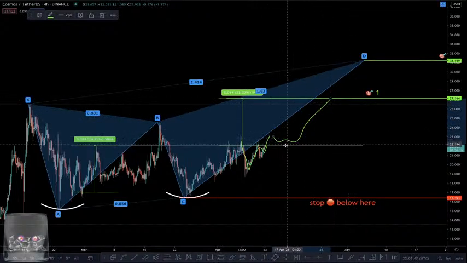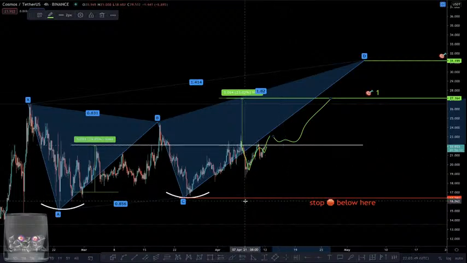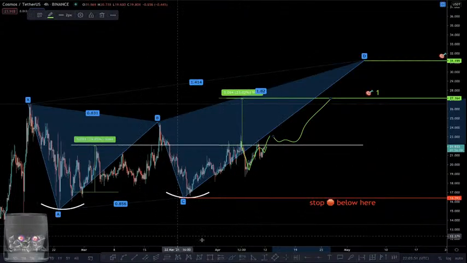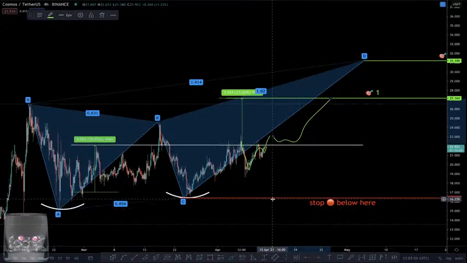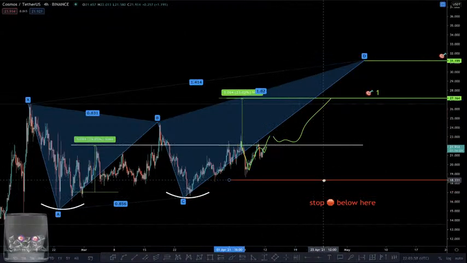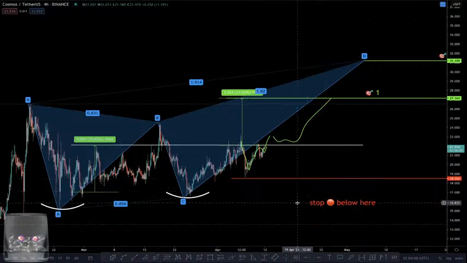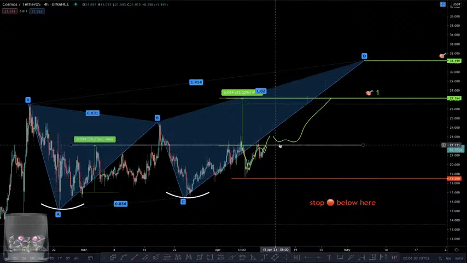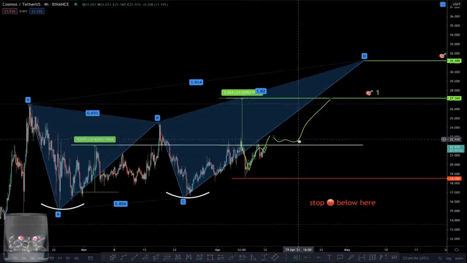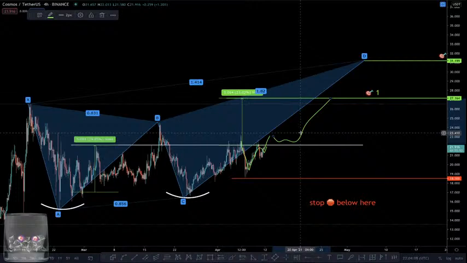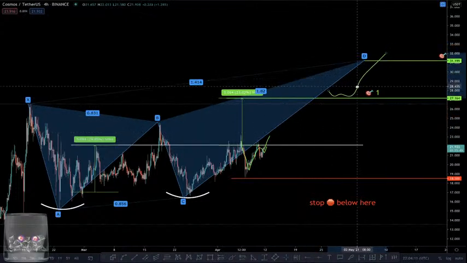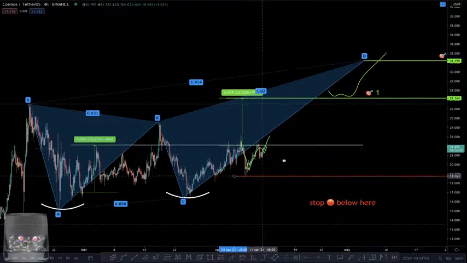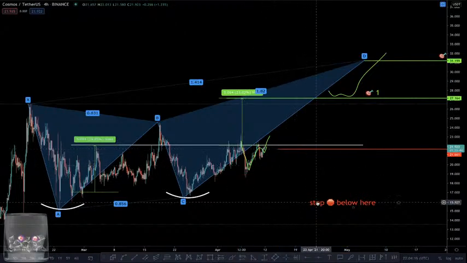We must hold and flip $22. SR flip, support resistance flip. If you flip that level, your stop loss would now come up here, okay, to 1850 on Cosmos. Once we create this support flip up here of 22, and then you go ahead and create it again at 27, that's when your stop would then move up again to the neckline, okay?